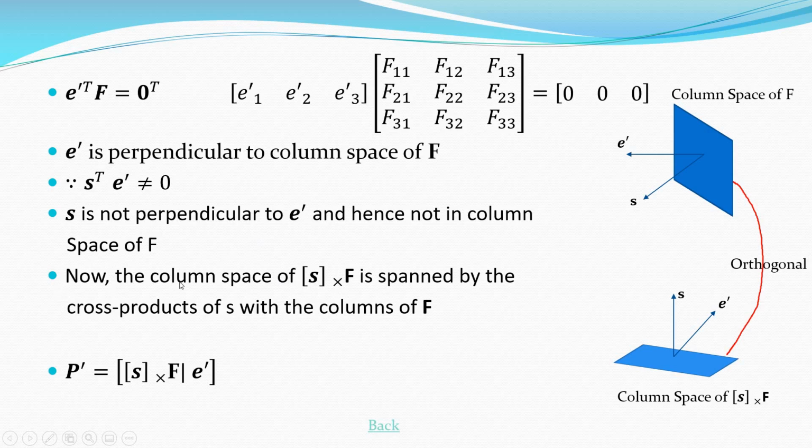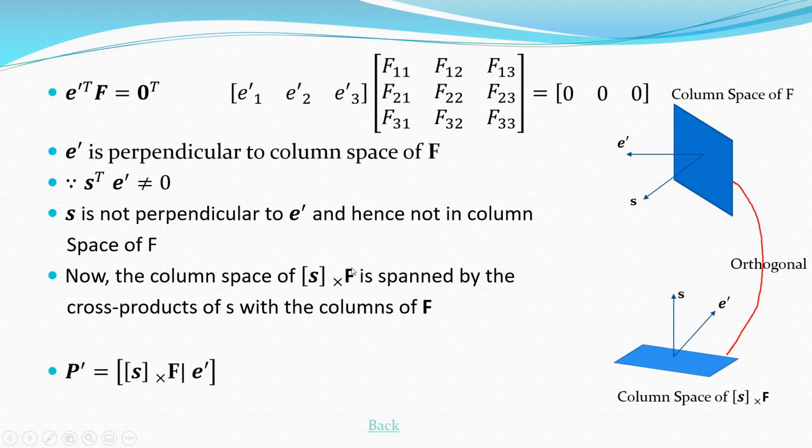Next, the column space of SXF, that is this notation, is spanned by the cross products of S with the columns of F. So we know that this is nothing but a cross product matrix.